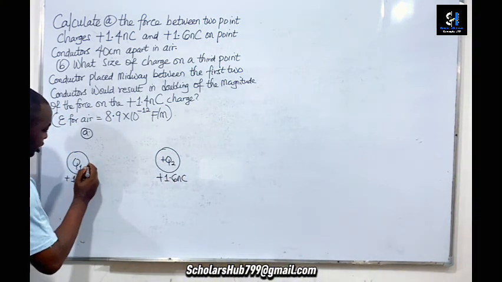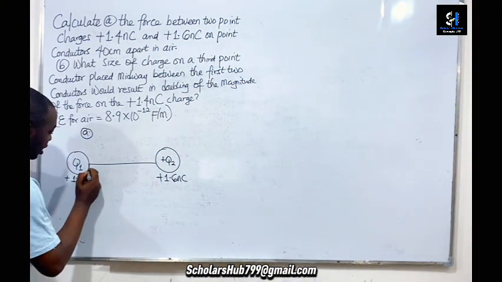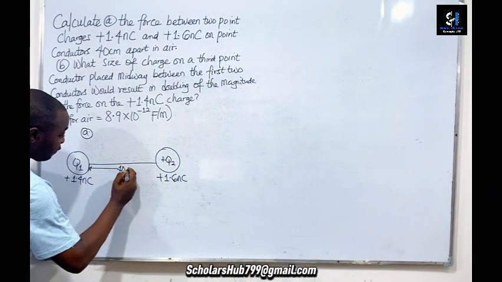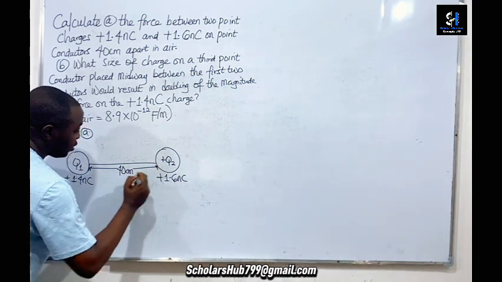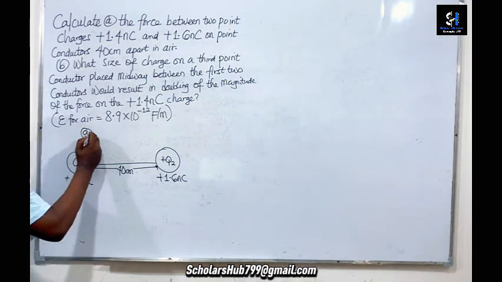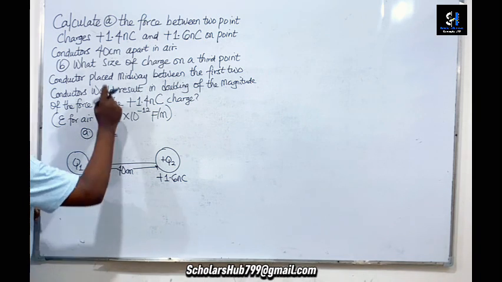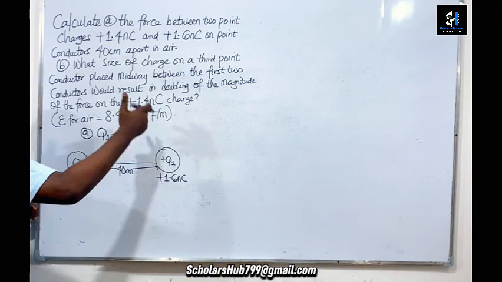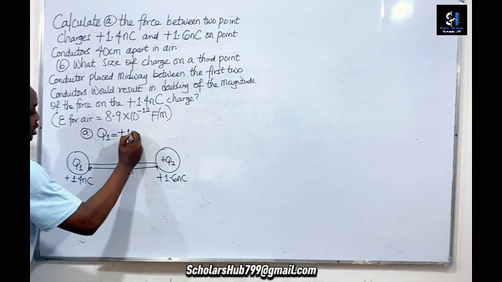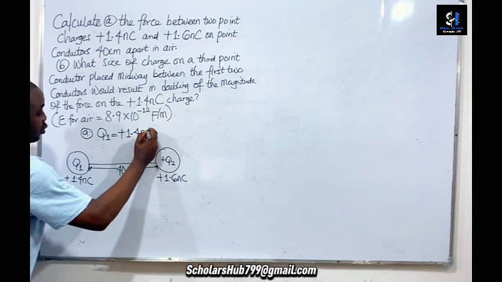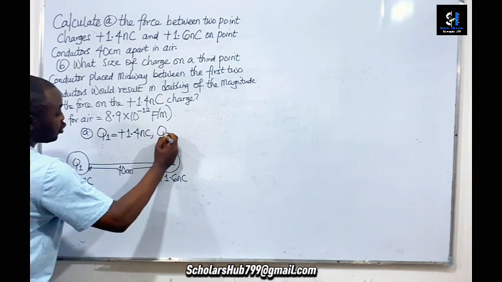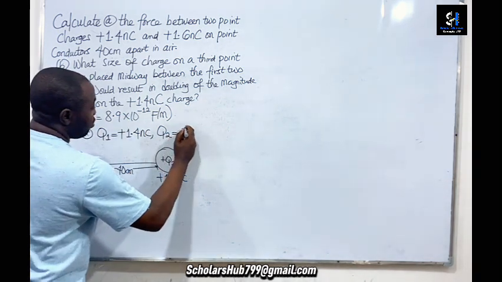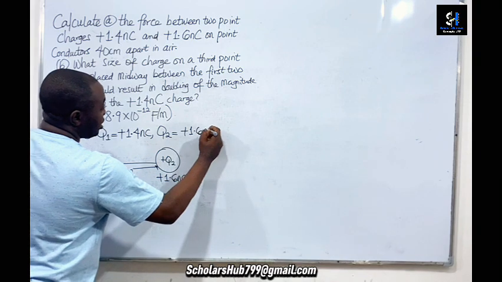So these two charges are separated at a distance r apart. That is, the distance of separation will be 40 centimeters. So according to the question, we are given the magnitude of the first positive point charge to be positive 1.4 nanocoulombs, and the magnitude of the second positive charge to be positive 1.6 nanocoulombs.